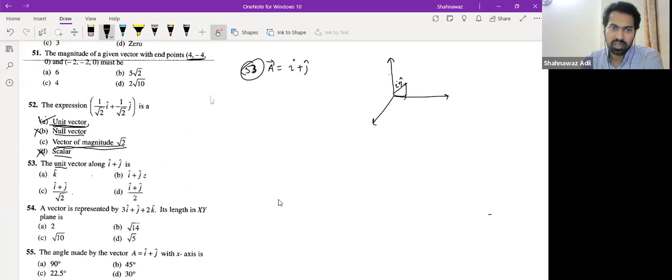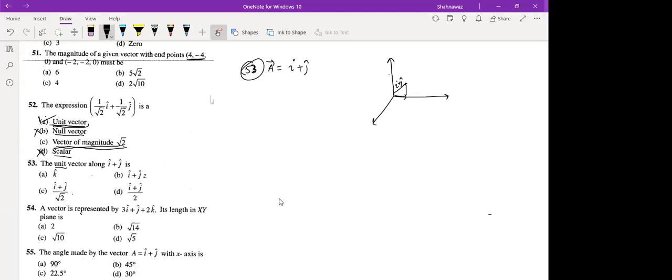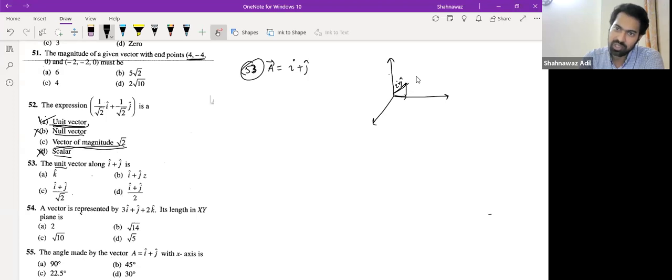We have to calculate the unit vector along this direction, the unit vector along A direction. Understood?